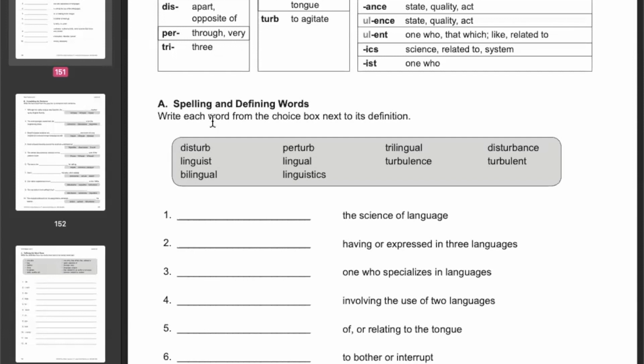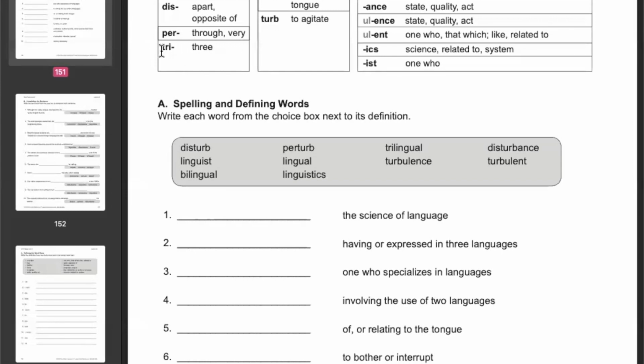And then turb is coming from the Latin word for agitation. So rubbing things together really is the root of that. So very quickly, we had quite a few different prefixes this time, bi, dis, per, and tri. And these ones I think are pretty obviously taken from numerals, right?